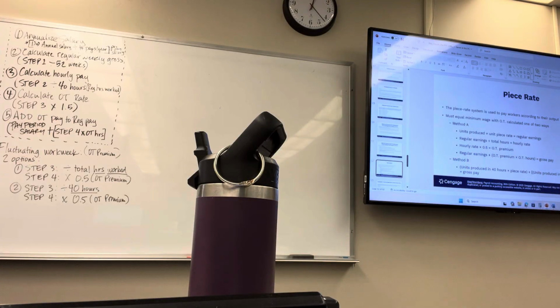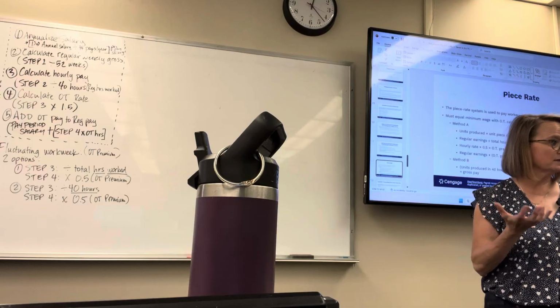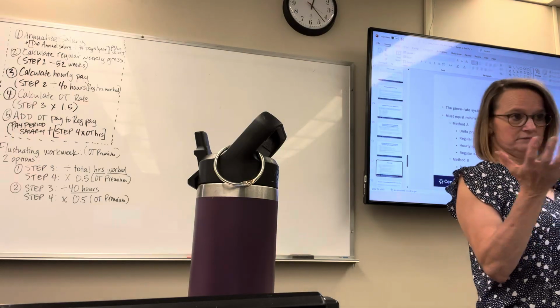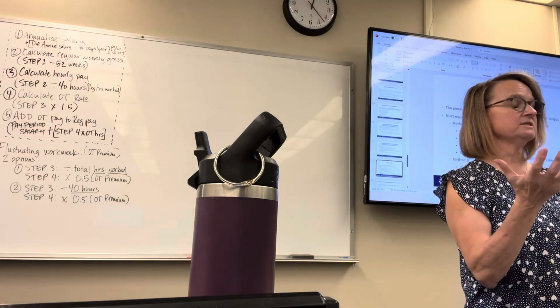be paid minimum wage on an hourly basis, and they have to be paid overtime on an hourly basis, and they have those minimums that we have to account for. So we kind of have to keep track of two different systems here.